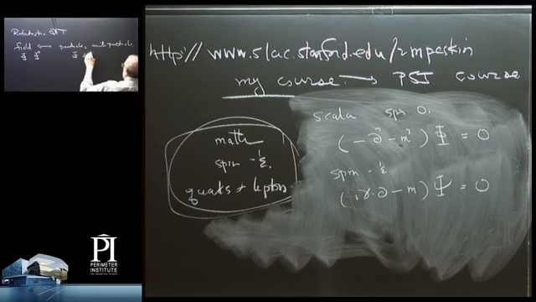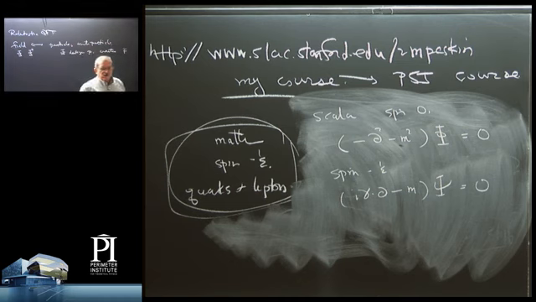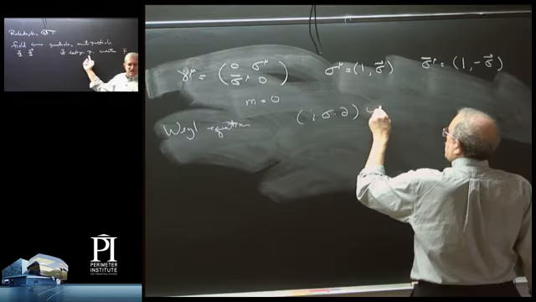Phi destroys some particle, and it creates another particle, which is called the antiparticle of the particle P. What this means is that P bar and P have the same mass because they come from the same field, which obeys a single field equation, and they have opposite quantum numbers in every respect. So the thing that destroys this creates that, which means that whatever quantum numbers this has, this has the opposite quantum numbers.